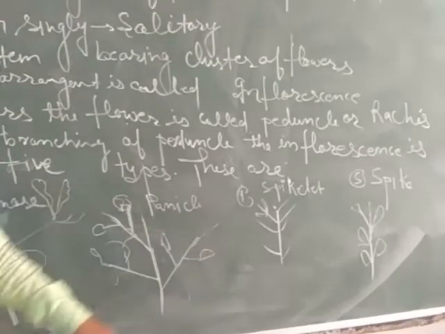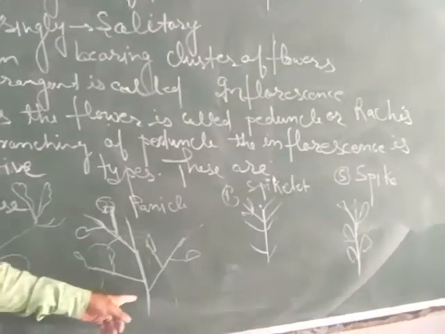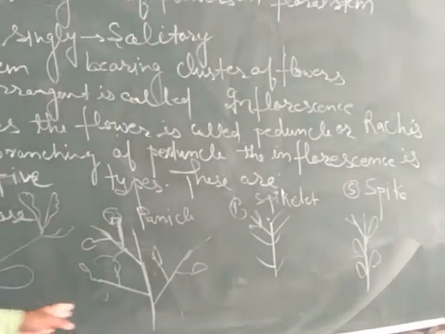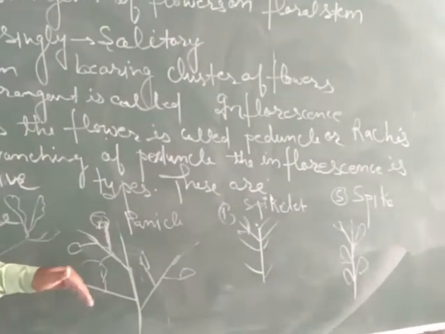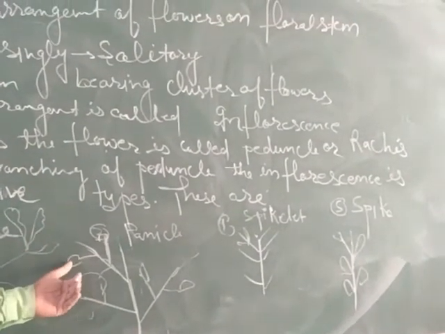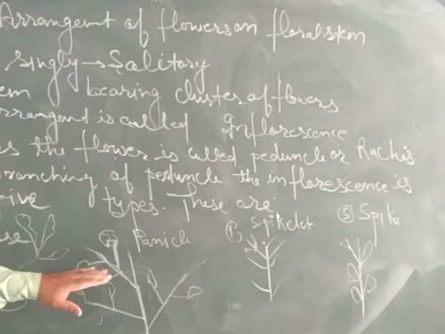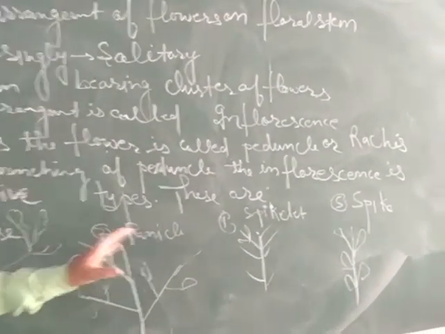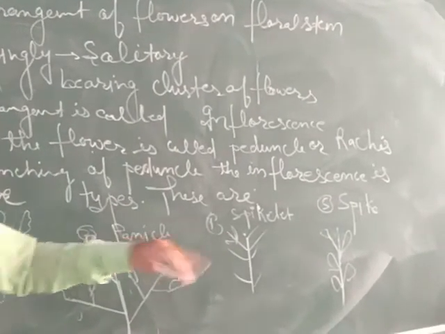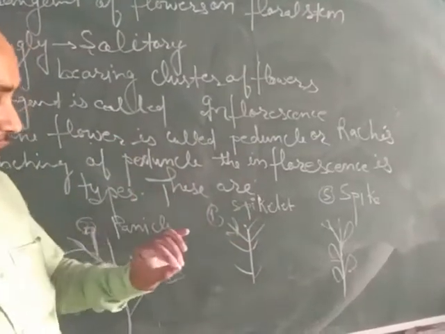In panicle condition, flowers develop on the side branch, and on the side branch they develop in their own way, in alternate form. This is called panicle condition. The fourth condition is spikelet, meaning spike-like condition.